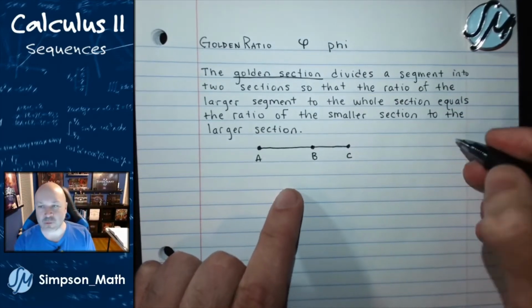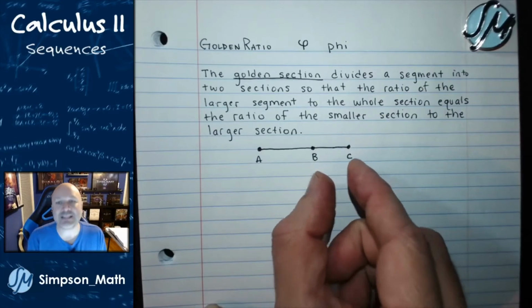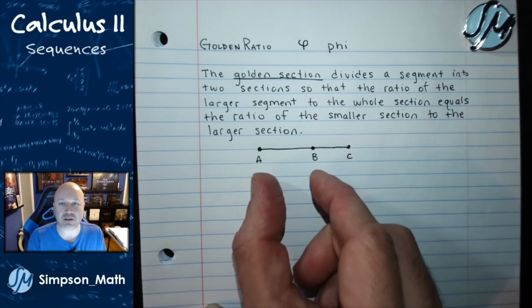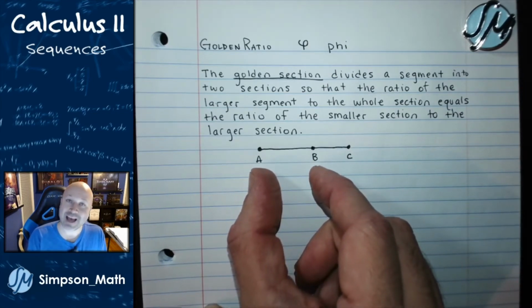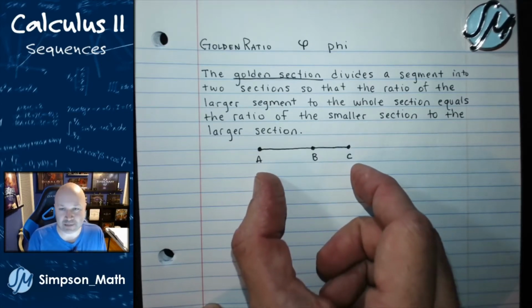And so in words, what I'm saying here is the smaller BC is to the larger AB. So this segment is cut into a small part and a larger part. BC is to AB as AB is to the whole segment.